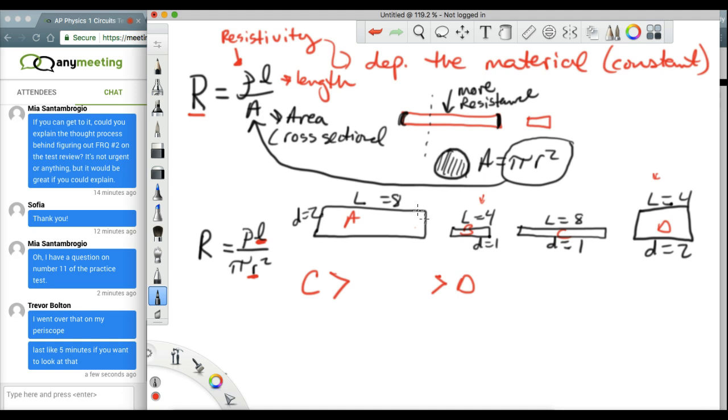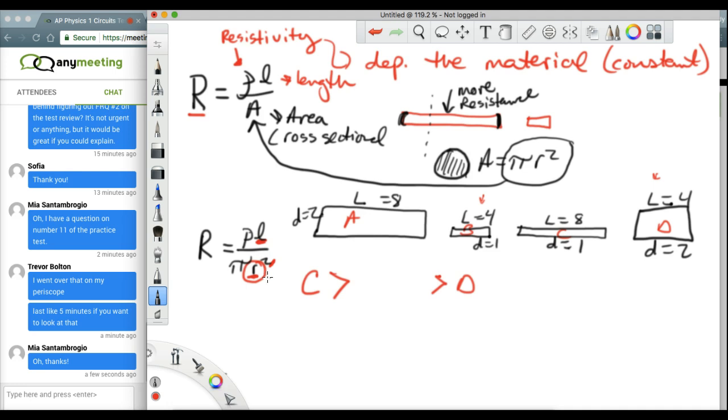And then if I have B and A, which are left, one is long and wide, and then one is short and thin. What matters more, being thin or being short? What I'm going to tell you is that being thin matters more because of that squared value on there.